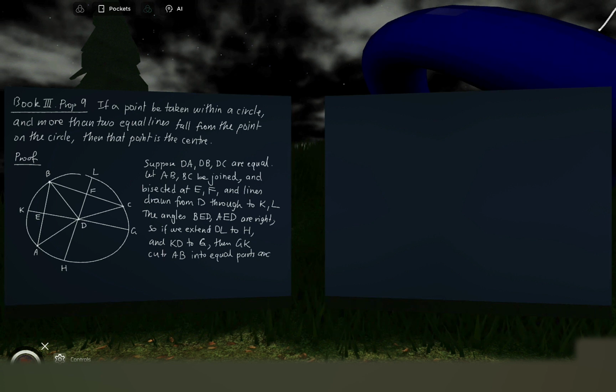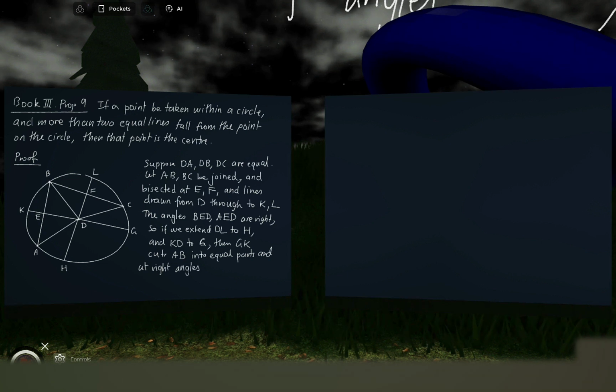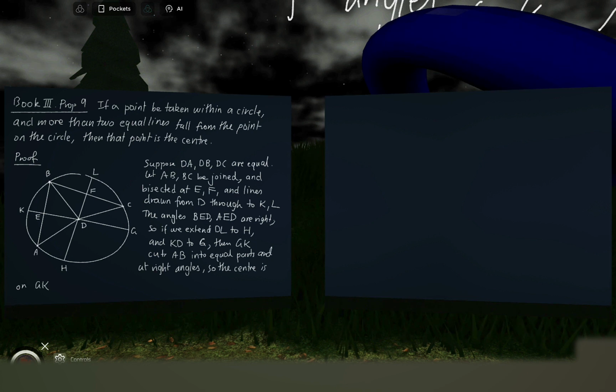And that should ring a bell, because one of the first results we proved in this book was to do with this situation. So the center of the circle is on GK. That was Book 3, Proposition 1. Oh, it wasn't just early, it was the very first one.